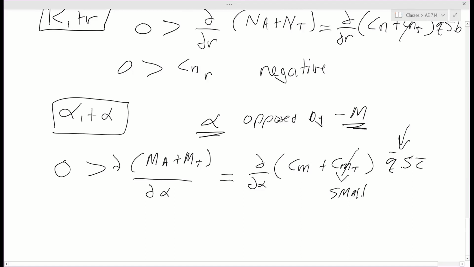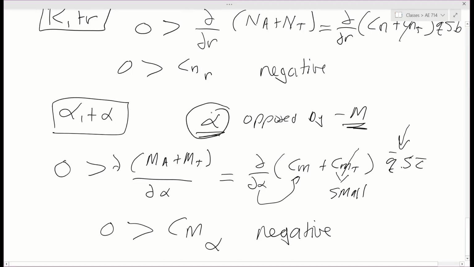And so here we get Cm subscript alpha, which just means the derivative of Cm with respect to alpha, has to be negative. So again, you can memorize Cm alpha as negative, but fundamentally, if you get a positive alpha gust, you want to pitch back down into the gust to reduce it.